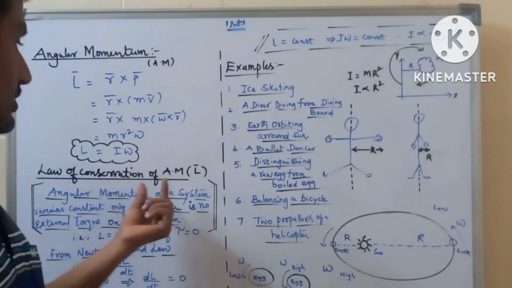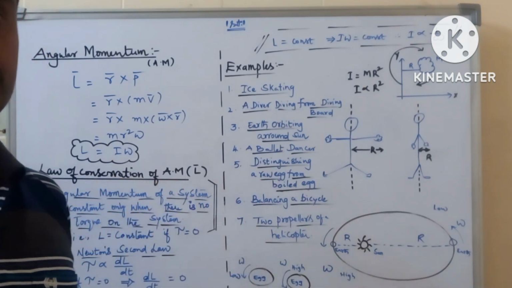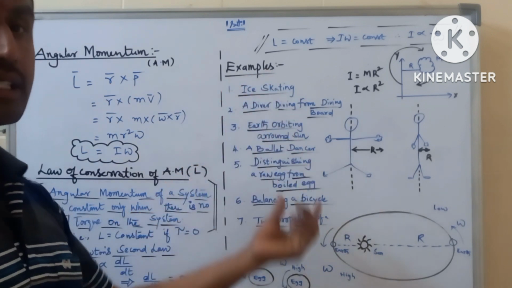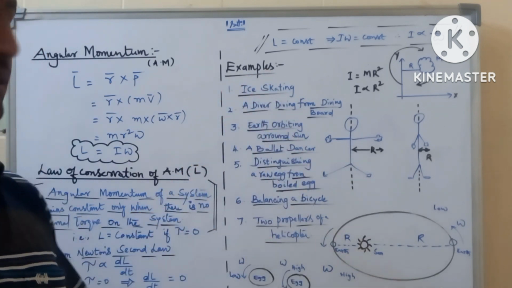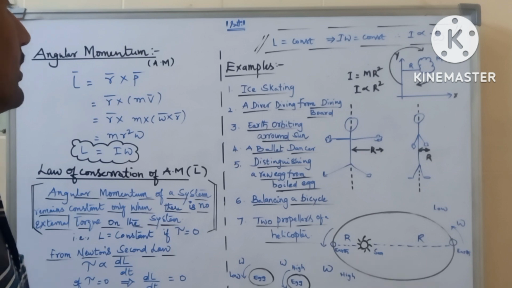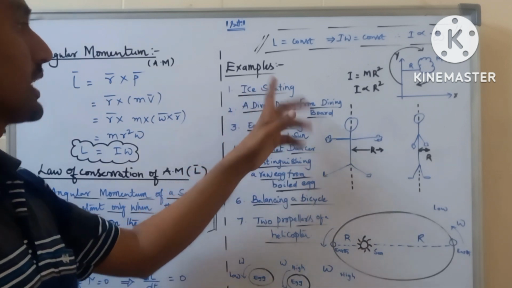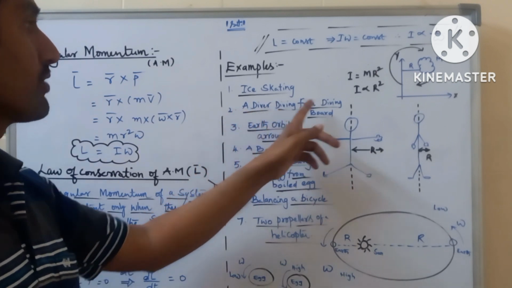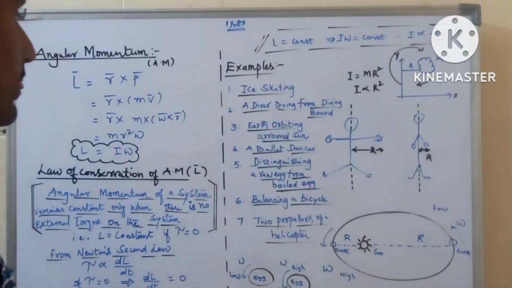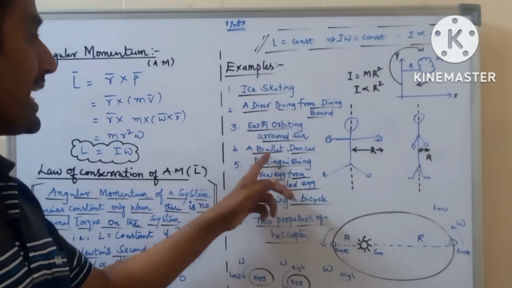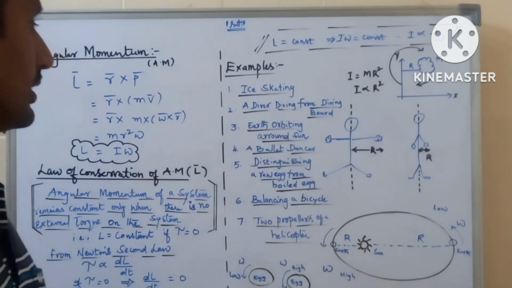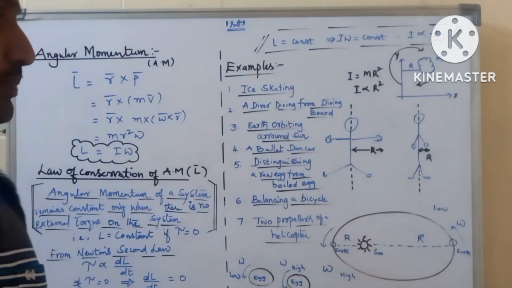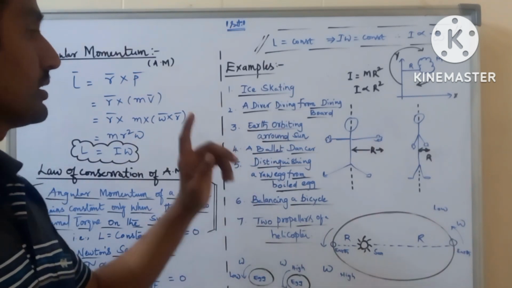The law of conservation of angular momentum can be observed in some daily examples. First one is ice skating, second one is a diver diving from a diving board, and next, a ballet dancer. These are explained as follows.